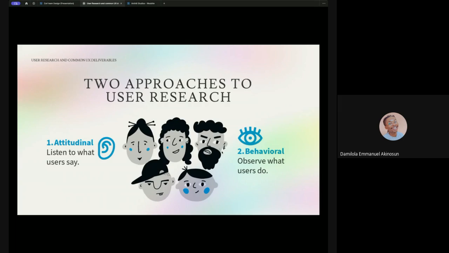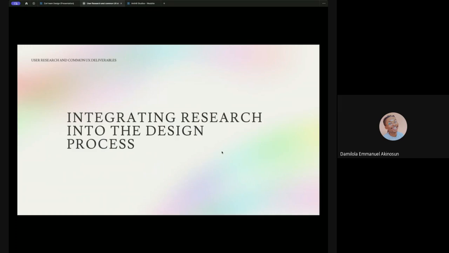So generally, user research falls into these two approaches, either attitudinal or behavioral. We just decided to add this so it helps you understand what we've been trying to explain a little bit further.